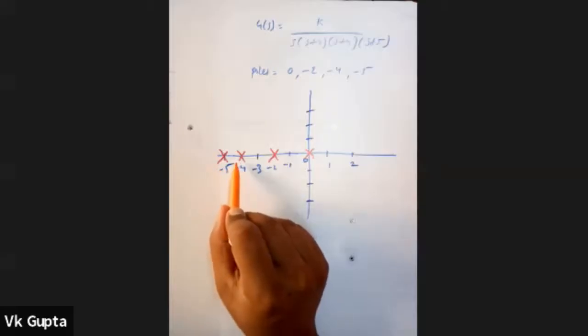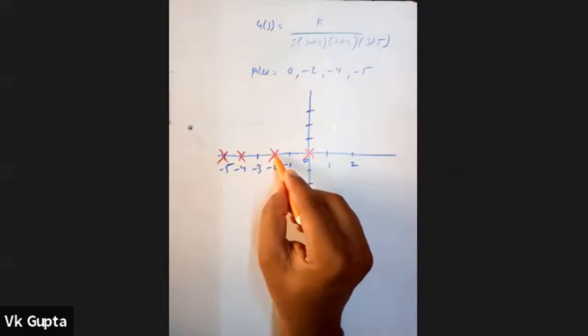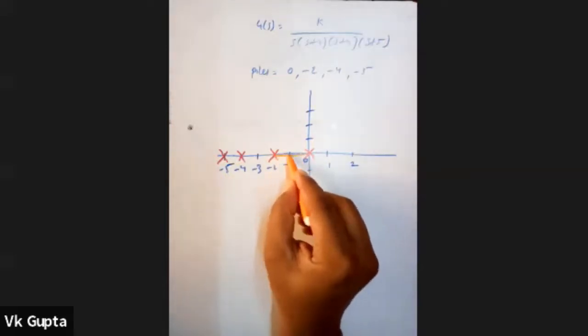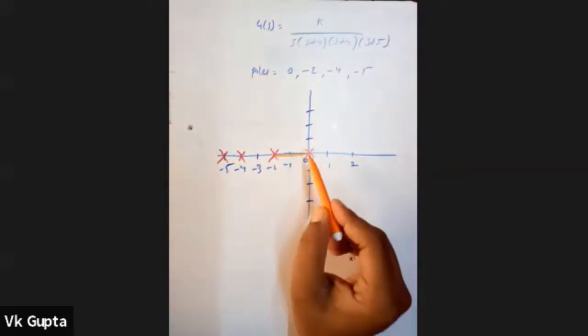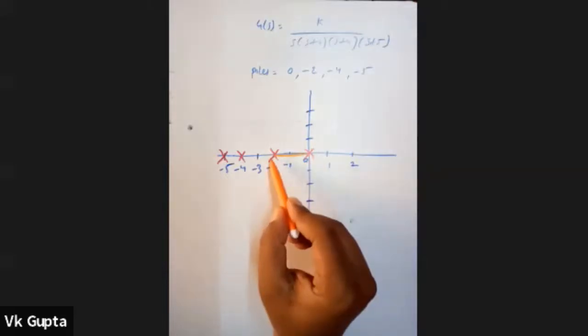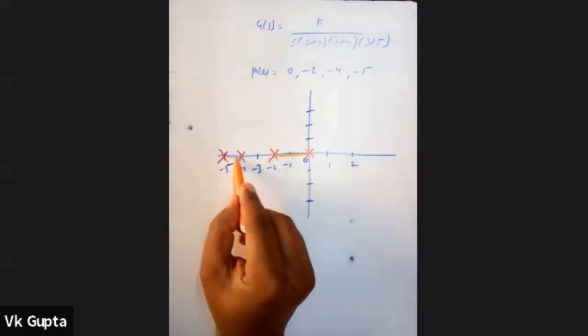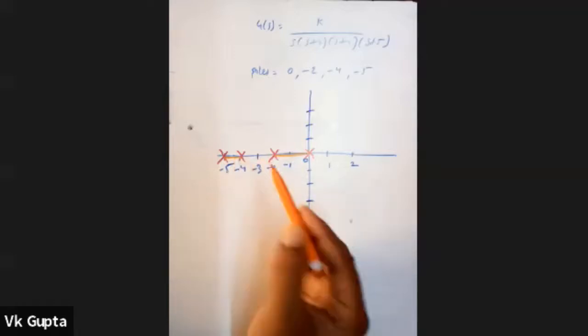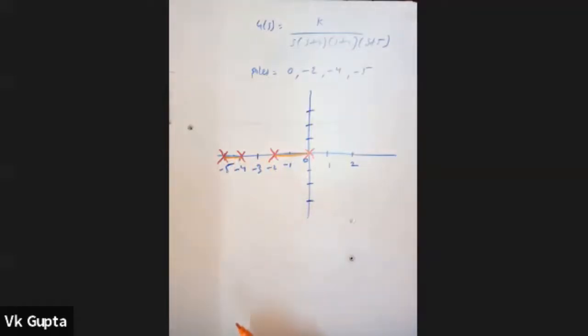Yes, that's correct. The points between 0 and -2 and between -4 and -5 lie in our root locus, because to the right side of these points we have an odd number of poles and zeros.